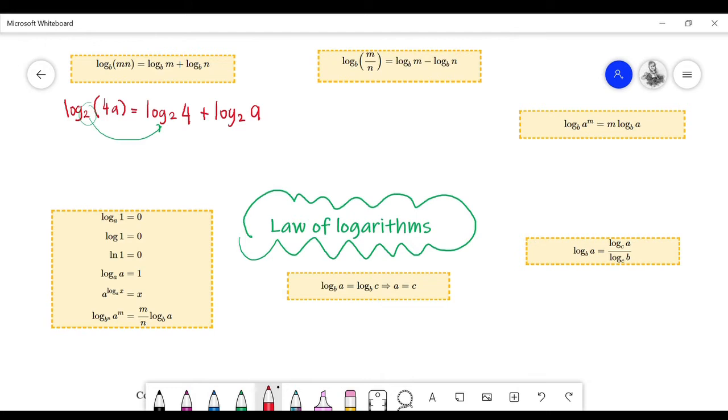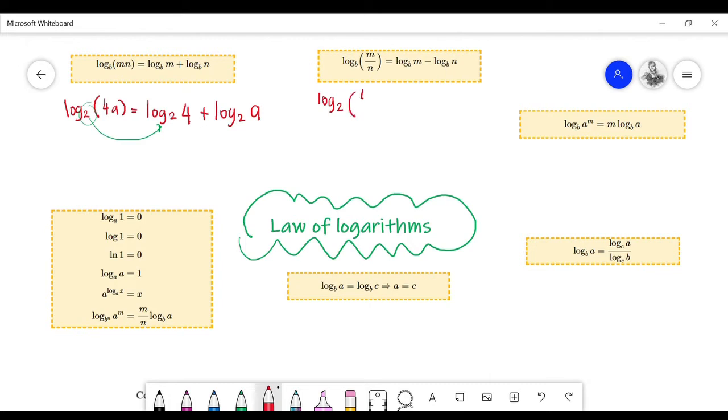For another example, you have division here, division of the arguments. So you have m over n. Now you can expand this single logarithm, and it will be equal to log base b of m minus log base b of n. For example, I use the same example, logarithm with base 2.